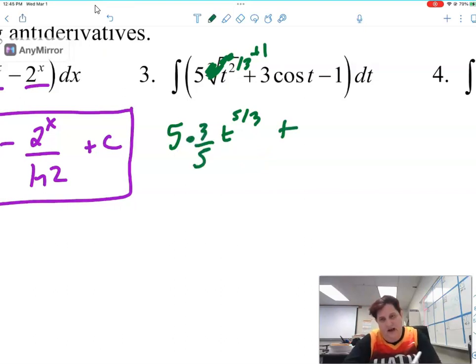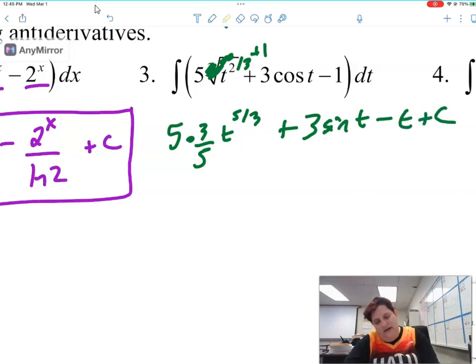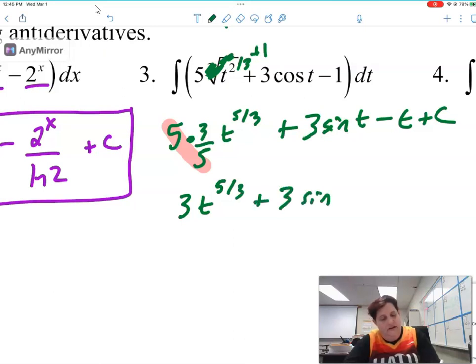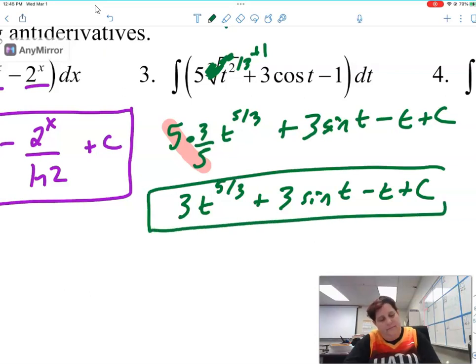All right? And I'll reduce that in just a second. Okay, the integral of cosine is positive sine, and the integral of 1 is t plus a constant. So I can simplify those, right? So it's 3t to the 5/3 plus 3 sine t minus t plus a constant. All right?